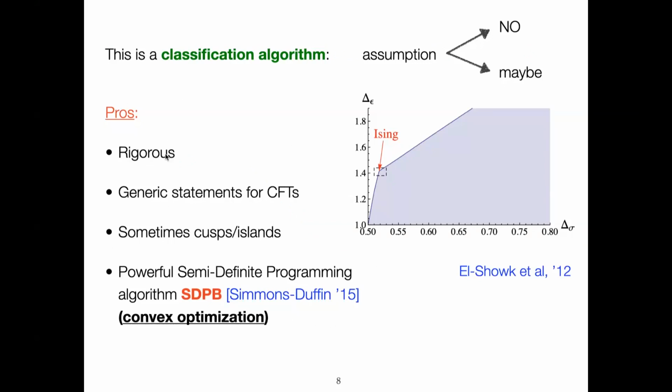The other useful thing here is that there is a powerful programming method to implement this algorithm, which is called semi-definite programming, which was set up and is now the mainstream by Slava Rychkov and collaborators in 2015. And as I said, this is convex optimization. Obviously, convex optimization is much, much simpler than non-convex optimization. Okay, these are the benefits.